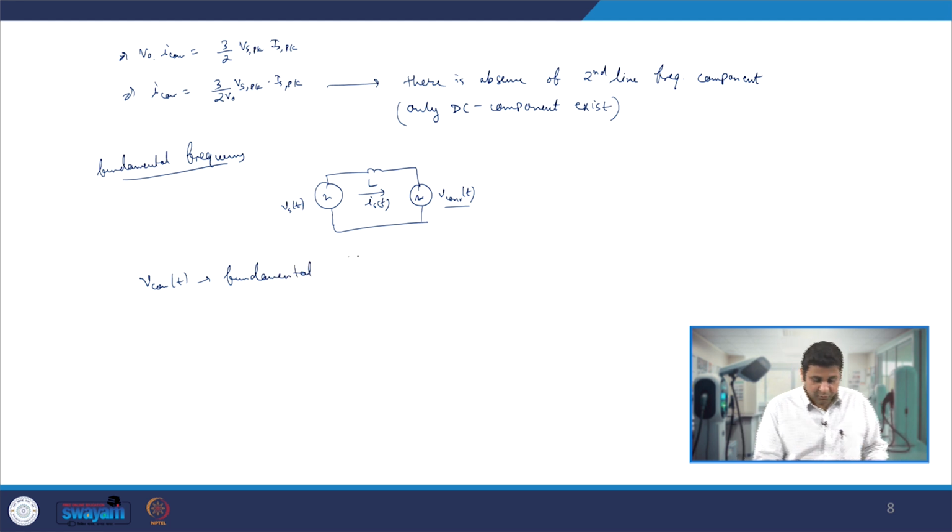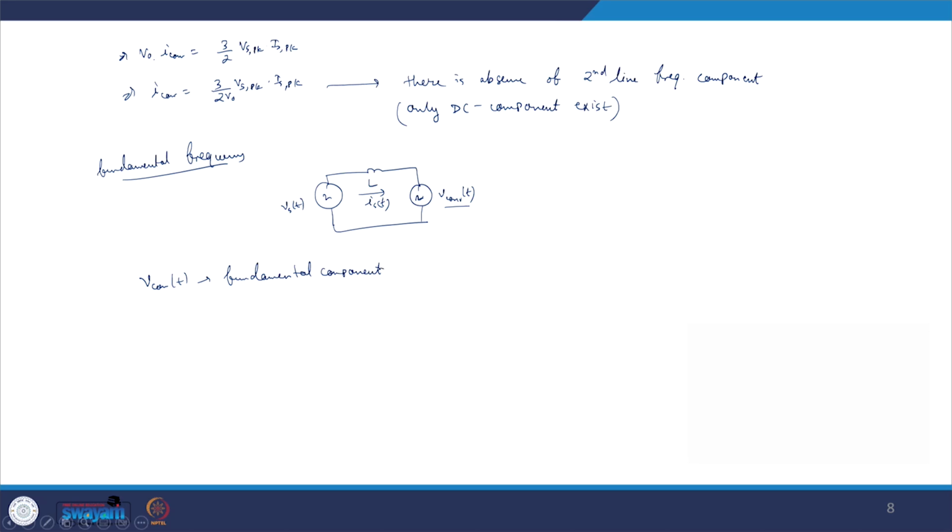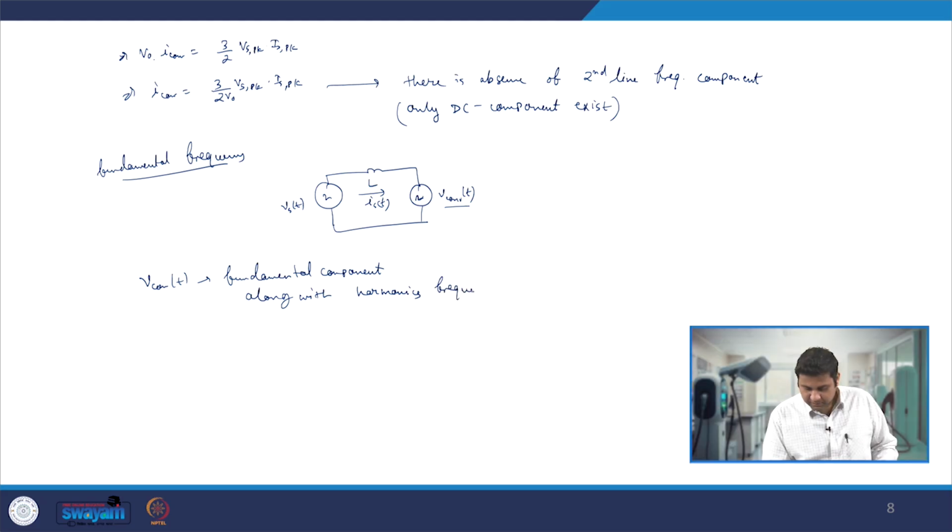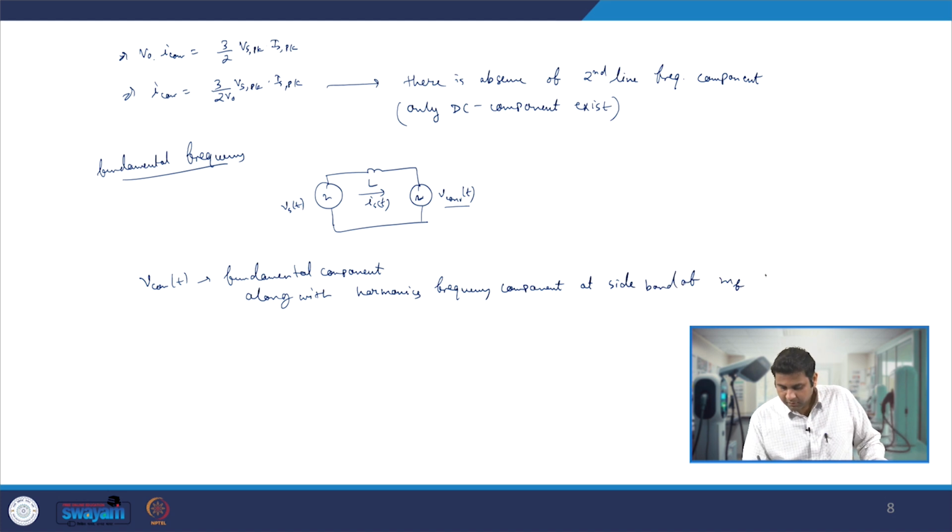Our average variation of pole voltage has the fundamental frequency component, and along with this harmonic frequency components at side bands of MF, which is nothing but my FC by FM, the carrier frequency over the fundamental frequency.